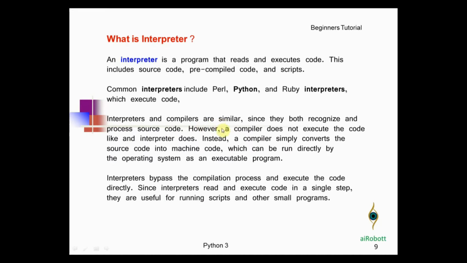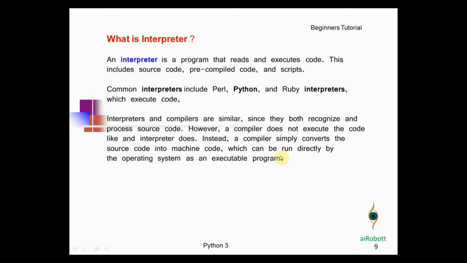Interpreters and compilers are similar in nature, but they both recognize and process source code. A compiler does not execute the code like an interpreter does.